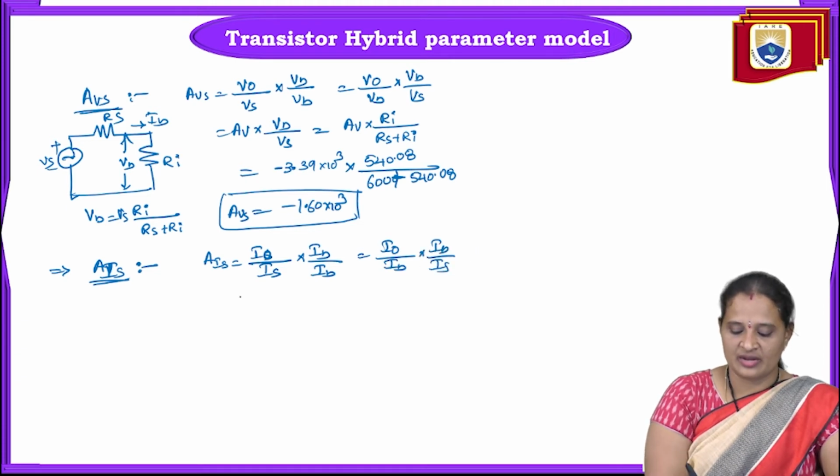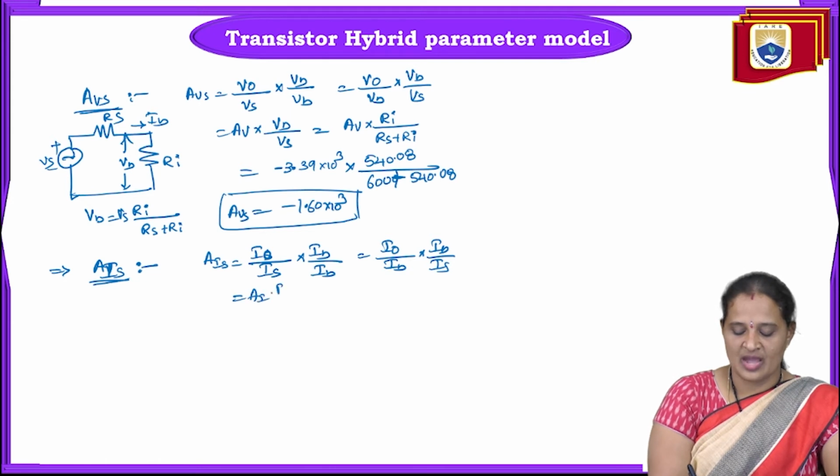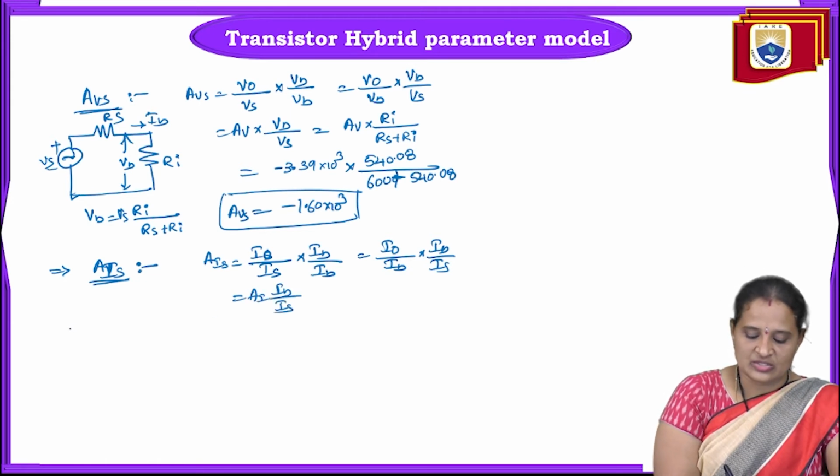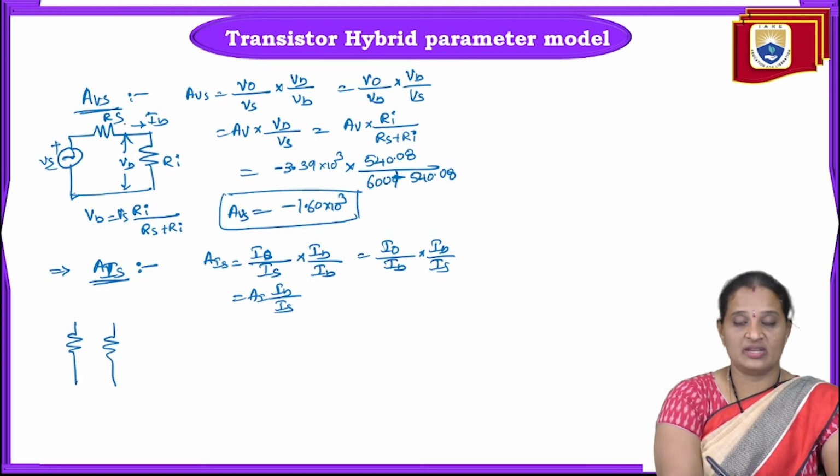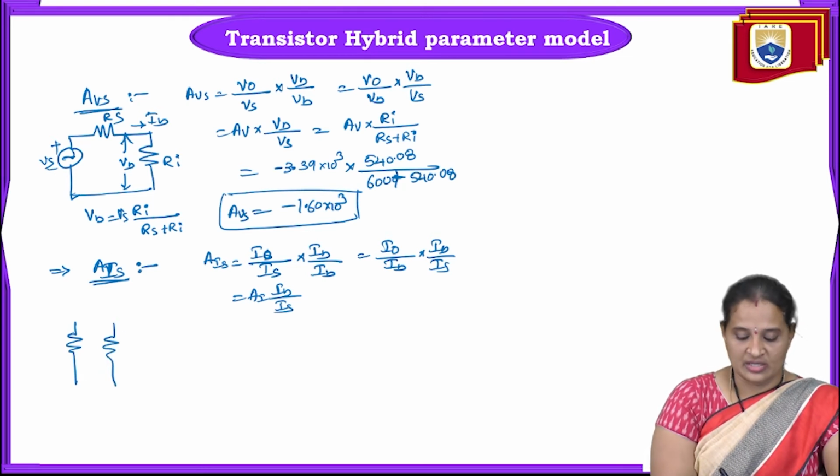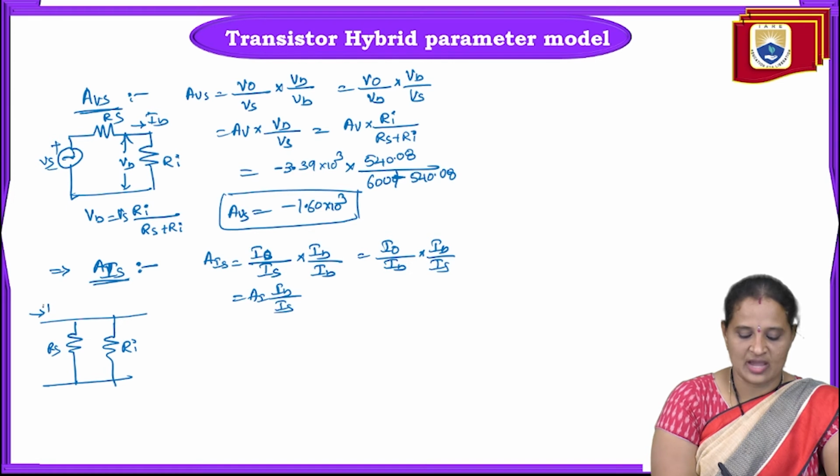So this one I can write as AI into IB divided by IS. So now what I am doing, I am just converting this equivalent circuit into Norton's equivalent circuit. So this is the Norton's equivalent circuit. Ri, this is, and IS is flowing here, and across this the current flowing is IB.